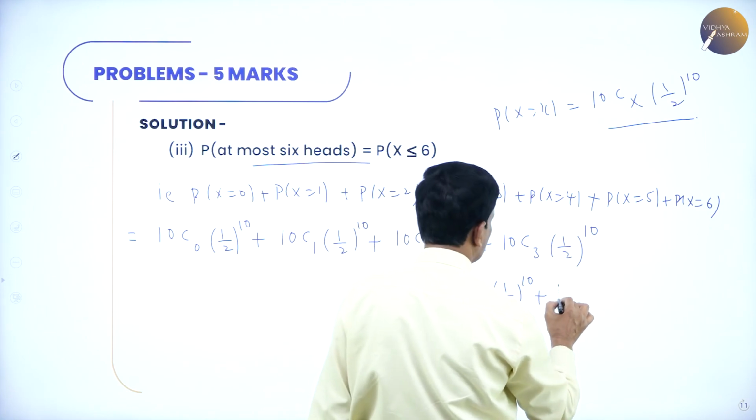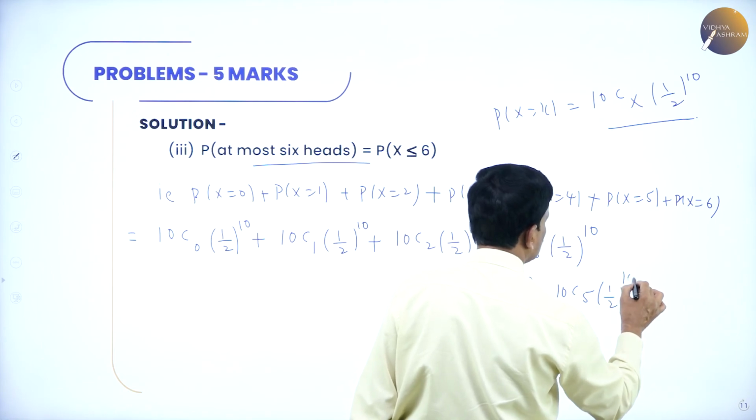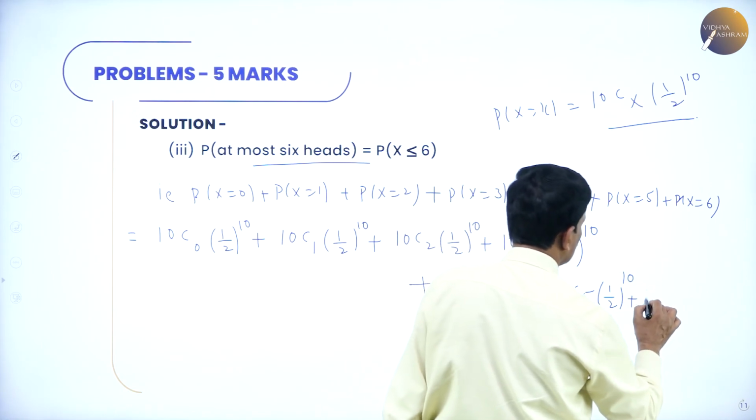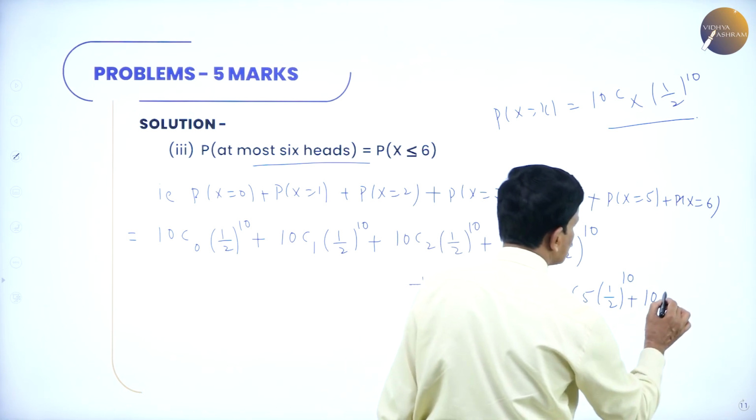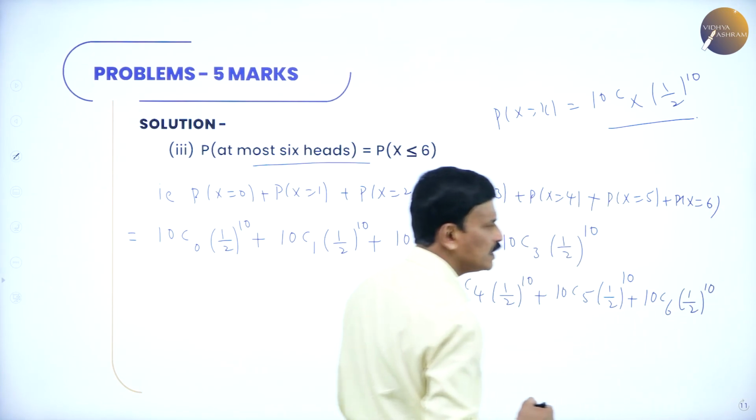When x is equal to 5, 10c5 1 by 2 to the power of 10, and the last term is 10c6 1 by 2 to the power of 10.